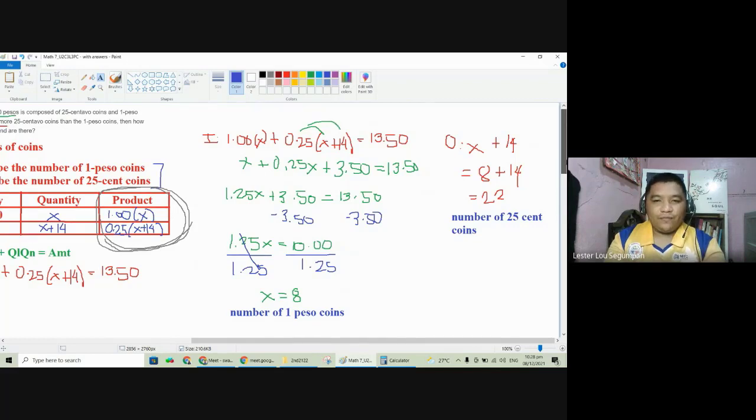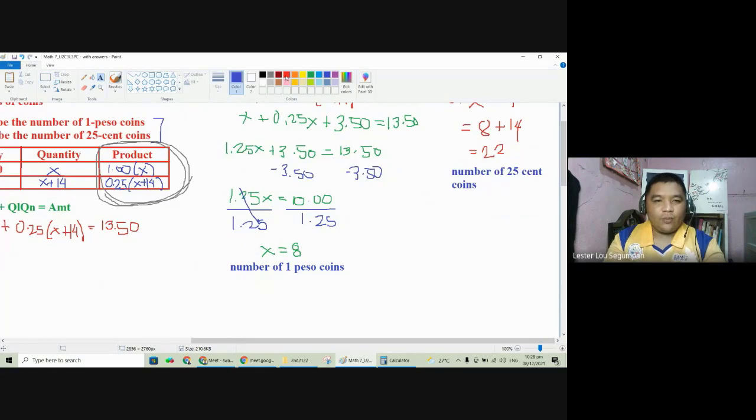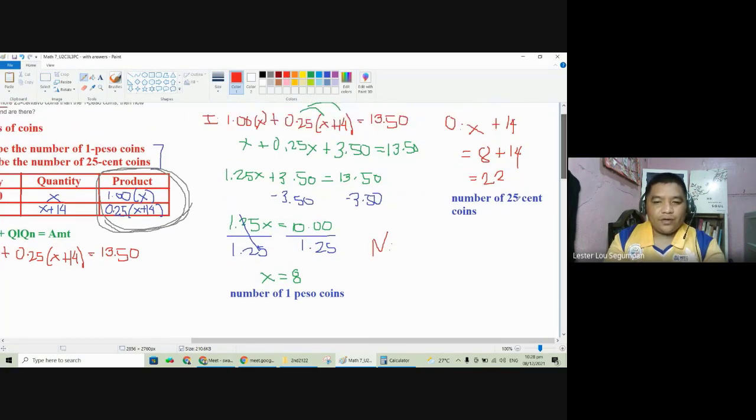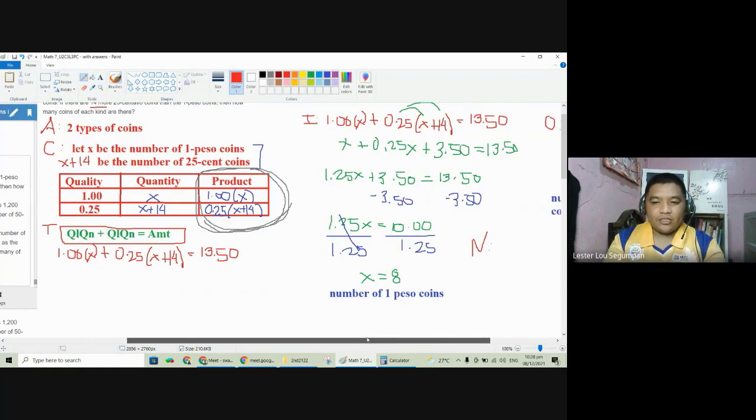To continue, to determine whether they are correct, we can always check. And when we check, we always refer to the statement that the product of the quality and quantity of each kind, summed up, must result to 13.5. Let's try.